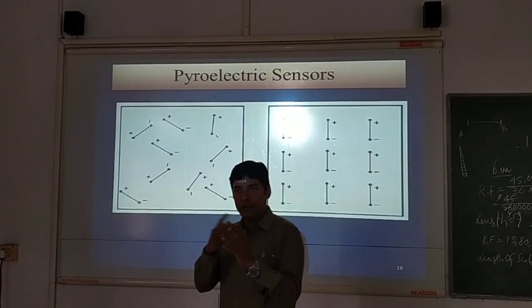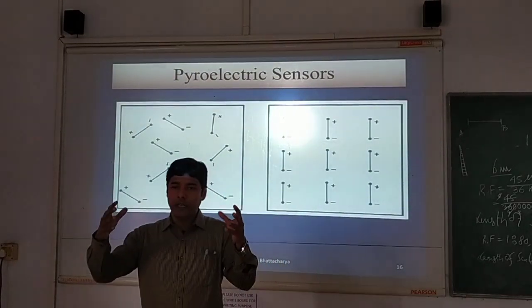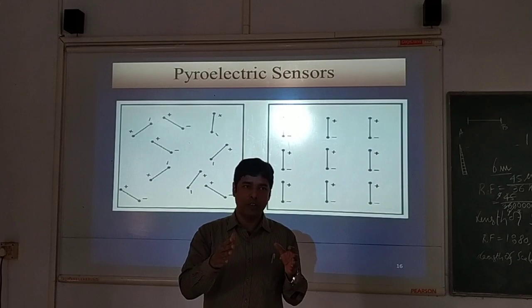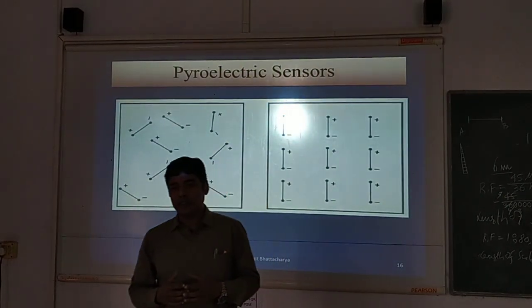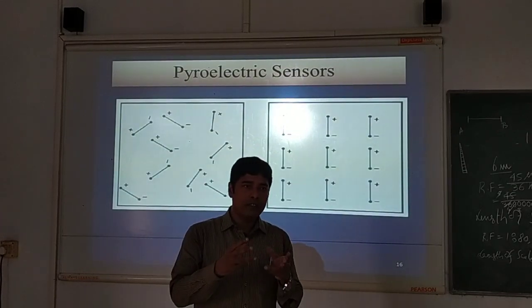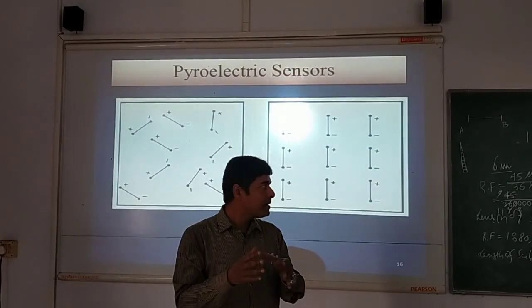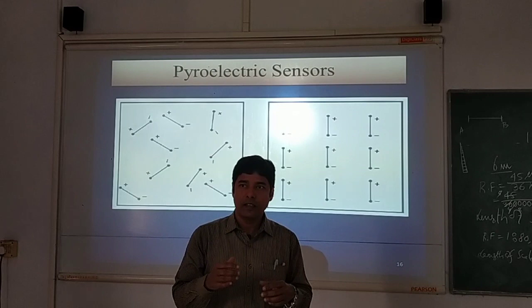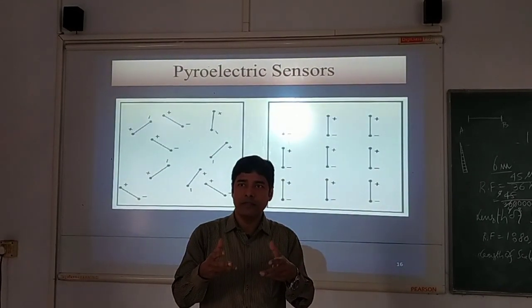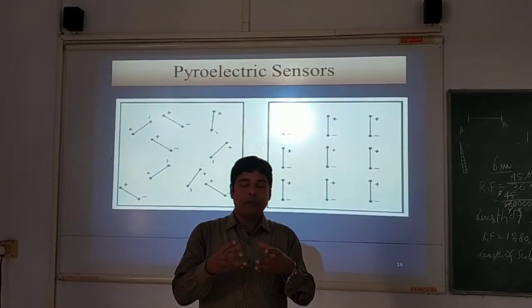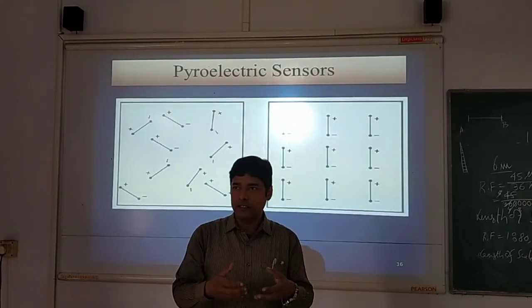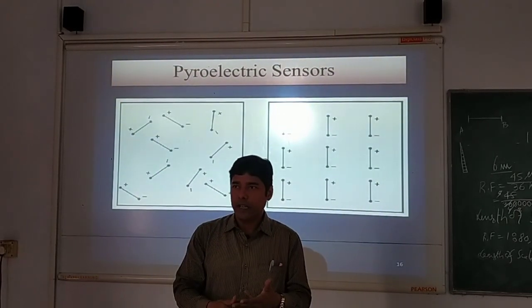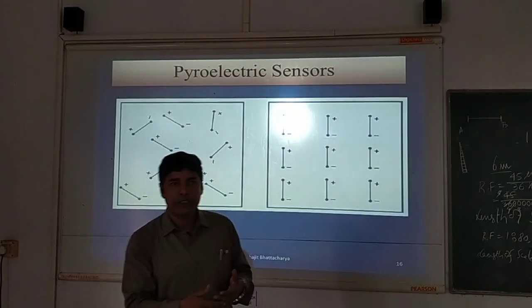Whenever an external magnetic field is applied on it, the internal magnetic dipoles align themselves with the external magnetic field, so that particular matter becomes a magnet itself. Okay, so that is induced magnetism. That is the principle of induced magnetism.